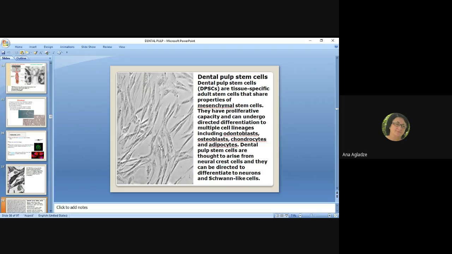You know that there, what is stem cell? Stem cell is the undifferentiated cell which can divide, which can proliferate, and can differentiate into other cell types. What is the characteristic feature for stem cell? Stem cell is the population when it divides asymmetrically.